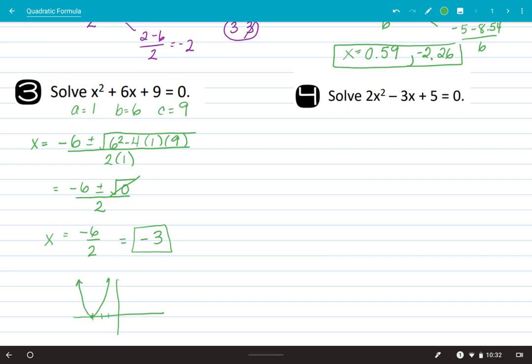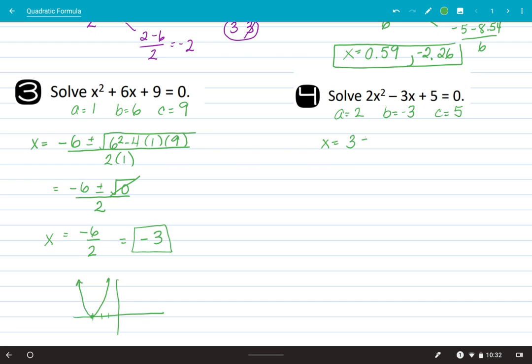All right, next one. Same exact thing. Find your A, B, and C. And please make sure you keep the signs with it, especially if it's a negative. Plug it in.